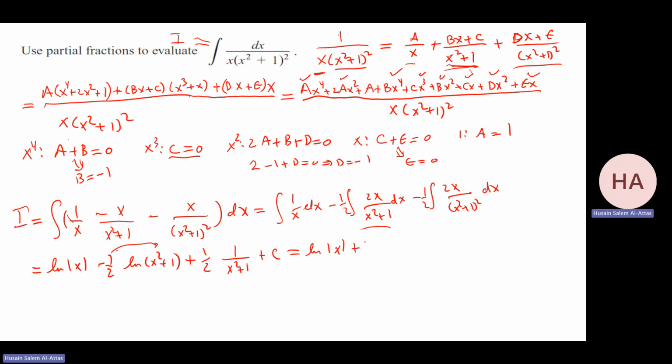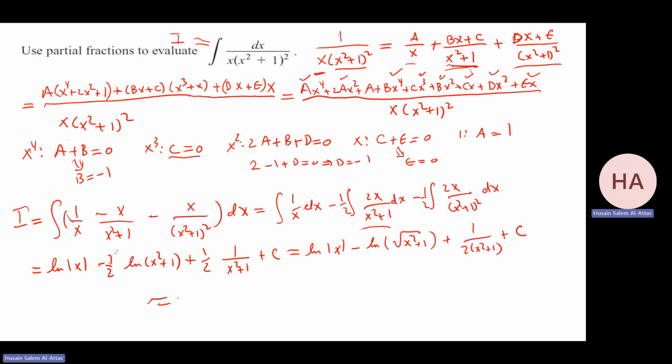So that will be then x squared plus 1 to the power minus half. Or I can take it like the half, just make it with the minus. Then take this as a power, so I have a square root x squared plus 1. This is plus 1 over 2 x squared plus 1 plus c.